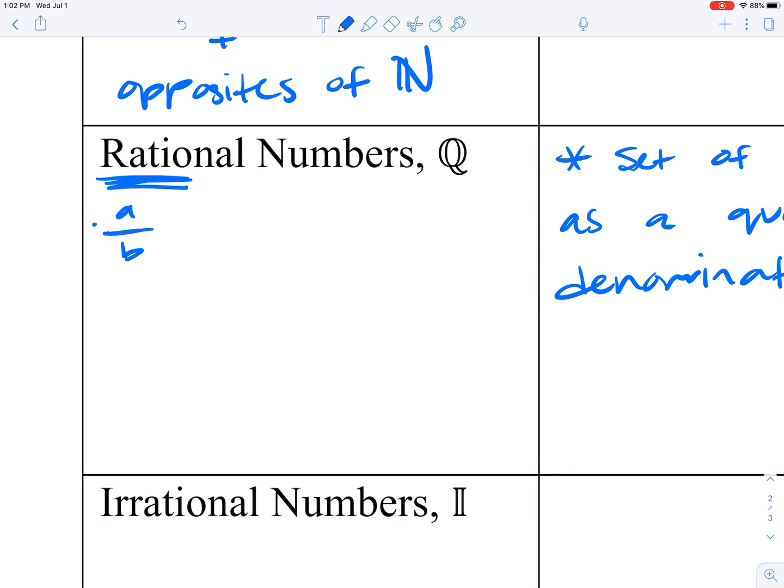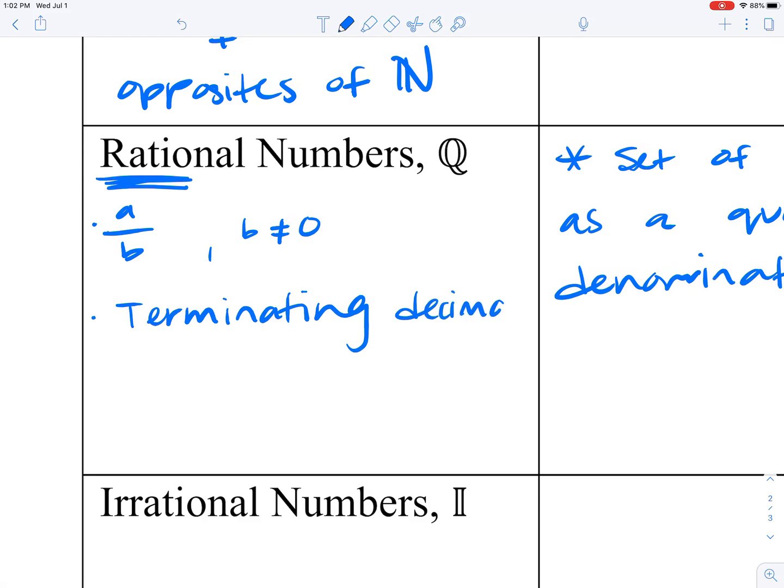So the rational numbers can all be written as fractions, in the form a over b, where a and b are integers. b can't be equal to 0. We're not always going to see rational numbers written as fractions, though. They're numbers that can be written as fractions.